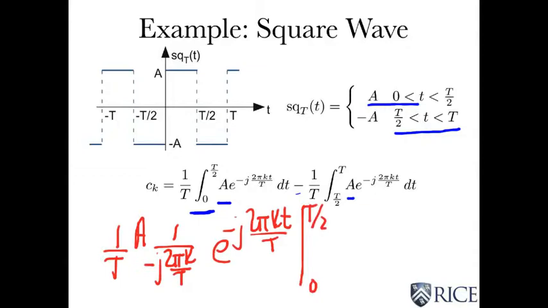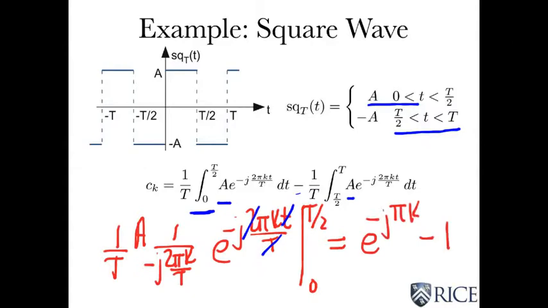Okay, at T over 2, the T's cancel and that 2 cancels, and so what we're left with is e to the minus j pi k, minus 1, because the exponential of 0 is 1.